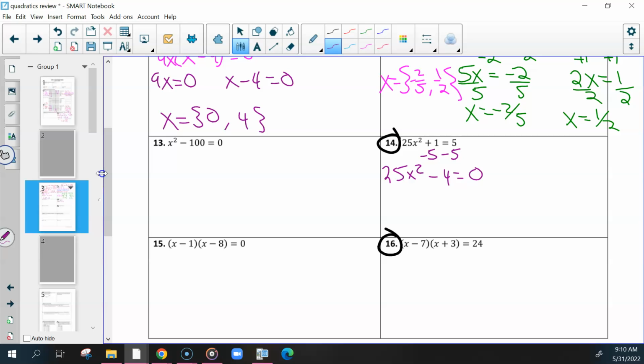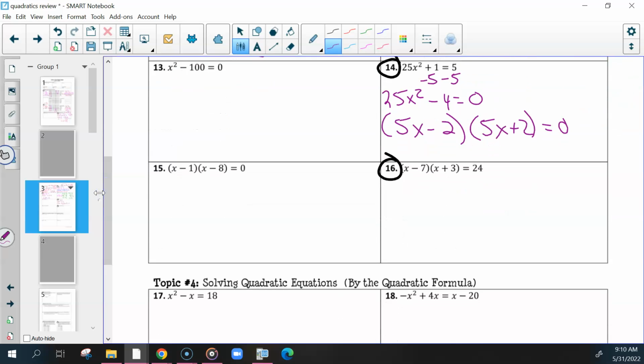How could we factor this? We can factor this, just not using GCF. What's the other way we can factor 2 terms? Difference of squares. So 5x minus 2, and 5x plus 2.